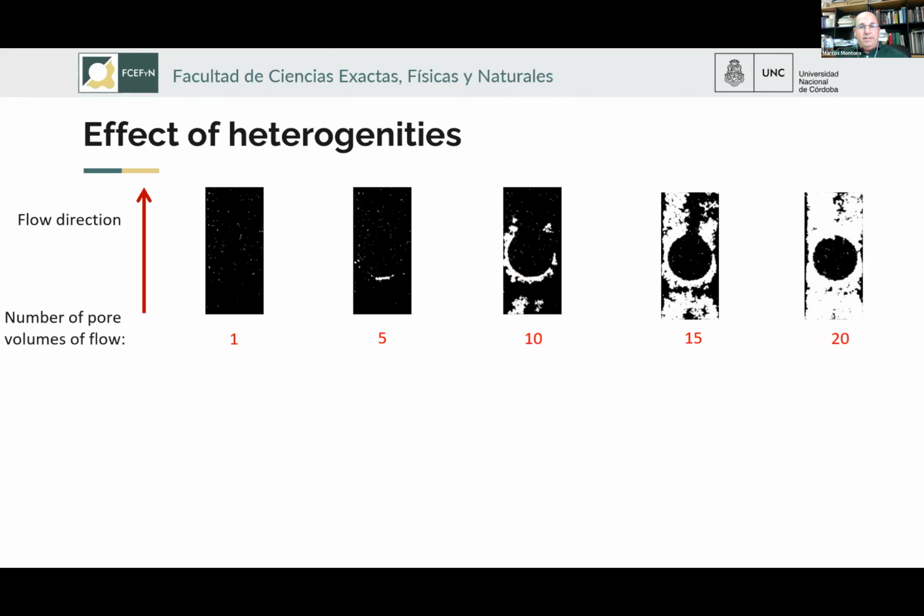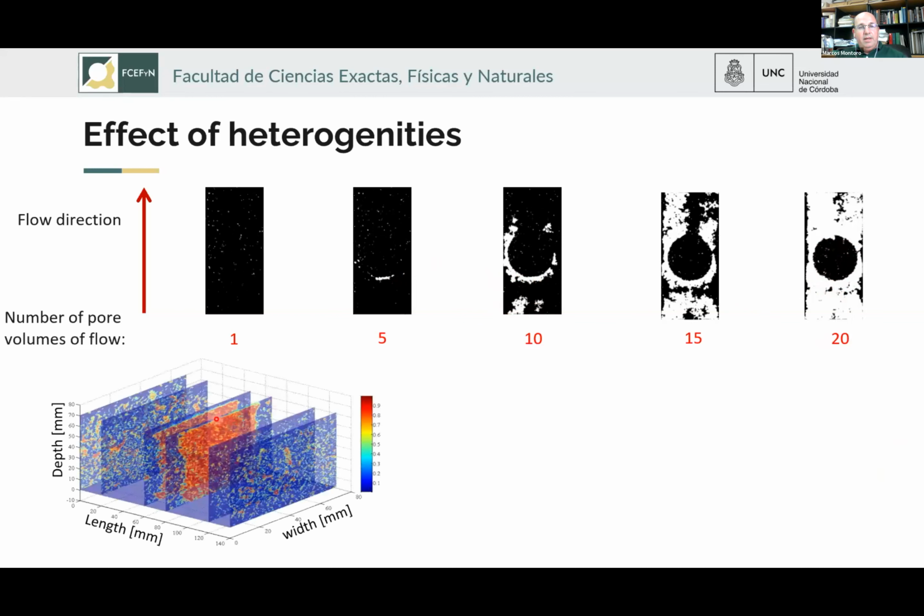At the end of this test, we dismantled the cell and carefully cut the sample in transversal sections, and we took pictures of each section to digitally analyze them. The figures show the NAPL distribution in each transverse section of the sample having a cylindrical inclusion.